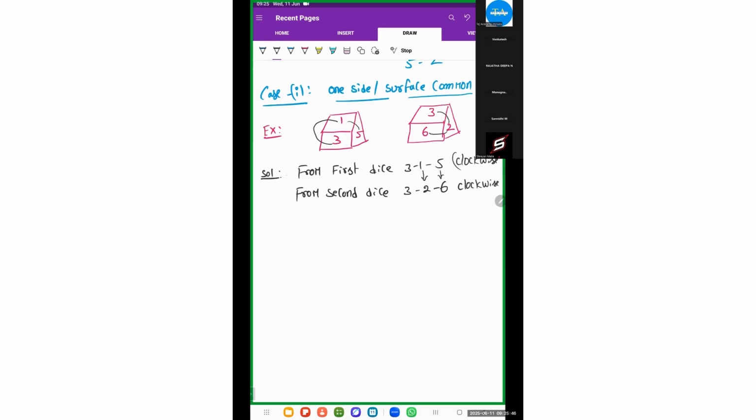So the opposite of 1 is 2 and the opposite of 5 is 6. Now the opposite surface of 3 is not 4. Clear?